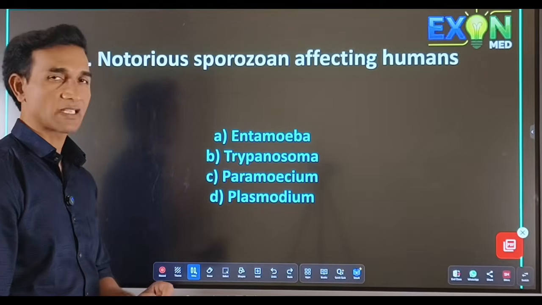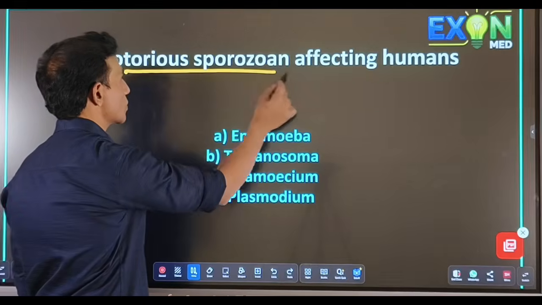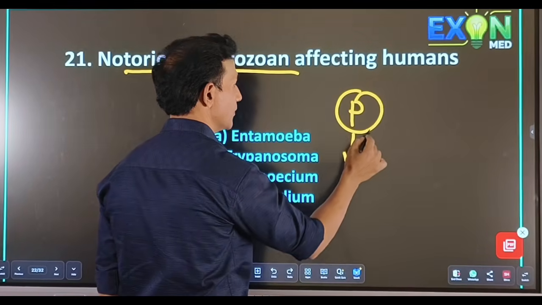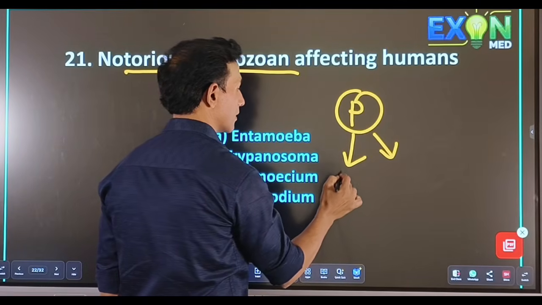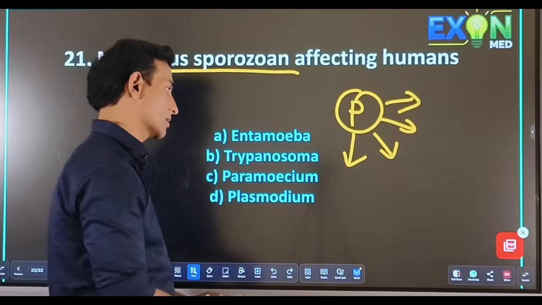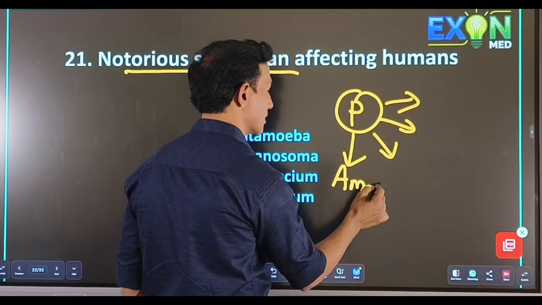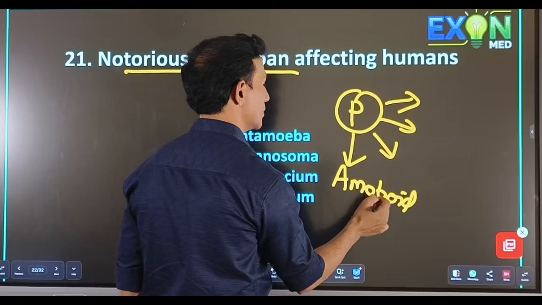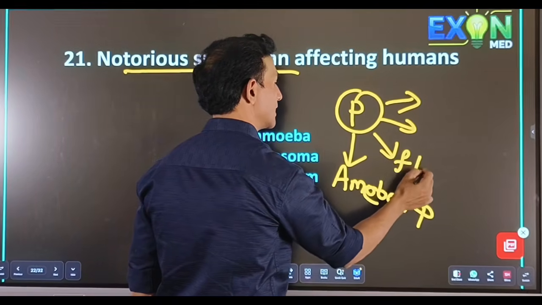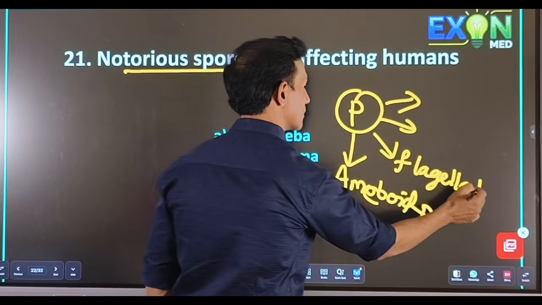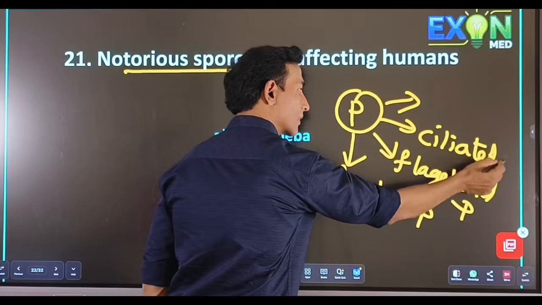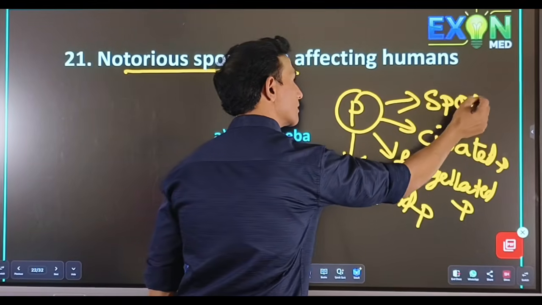Notorious sporozoan affecting humans. As I said, Protista are classified into 4 groups based on their locomotor structures: amoeboid protozoans, then flagellated protozoans, then ciliated protozoans, and sporozoans.